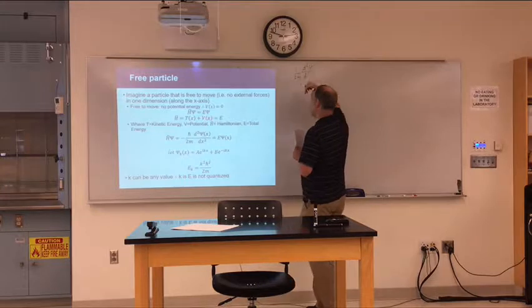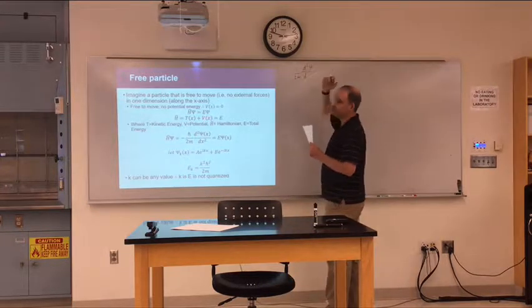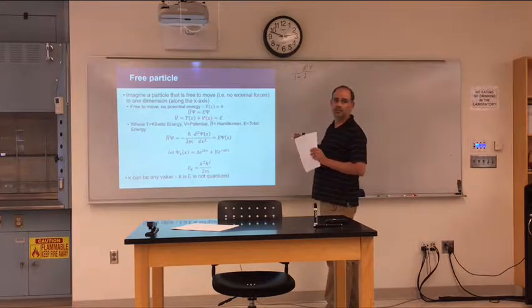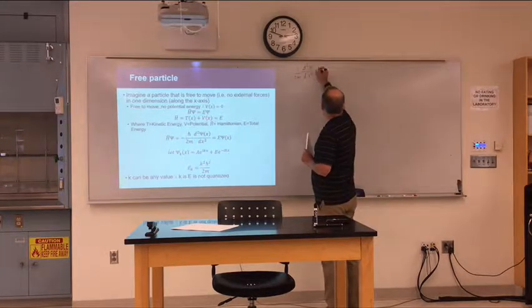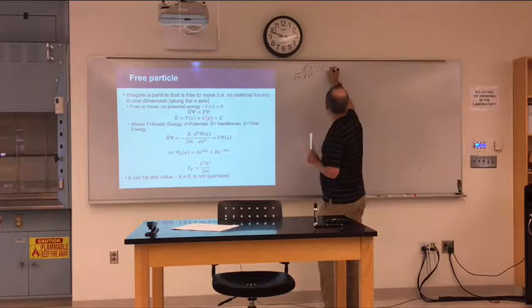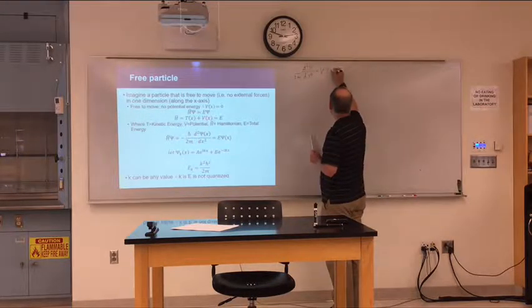And I'm going to drop the of x because it's a function of x, and it gets kind of repetitive writing the x a whole bunch of times. Plus V of x, psi of x, that's equal to E psi.